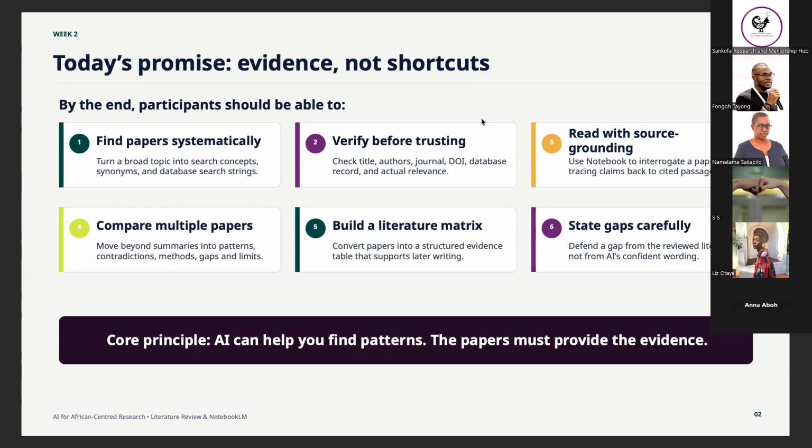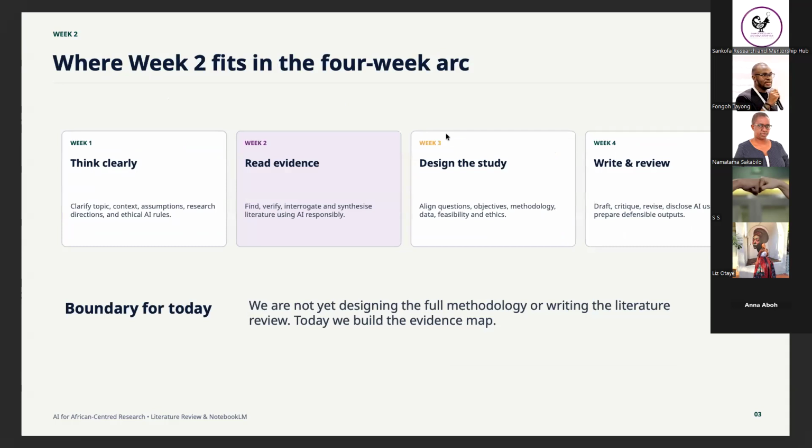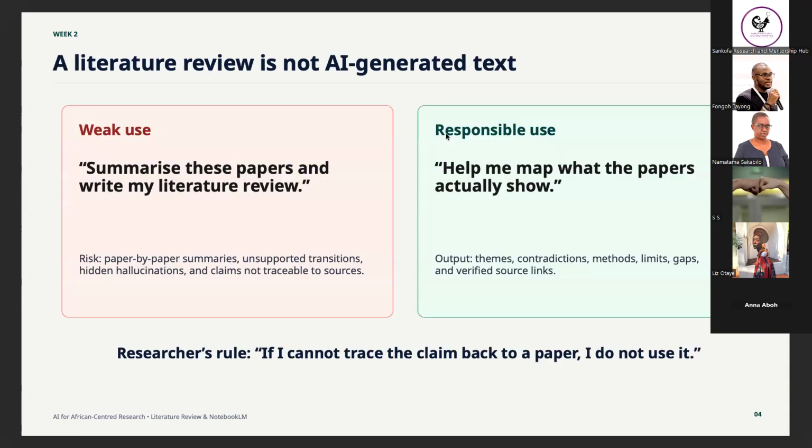The patterns could be there in the papers that AI will help you find, but the evidence must be provided, which is left for you to read everything. Week one, we did how to think clearly with AI. Week two, we're going to read evidence. Week three, the study, and week four, write and review. So that's a small overview of the things we're going to look at.